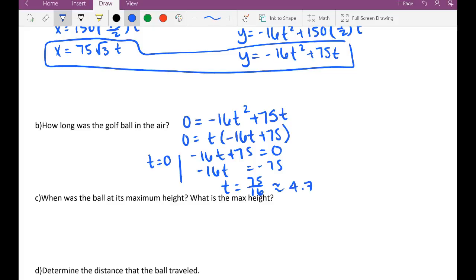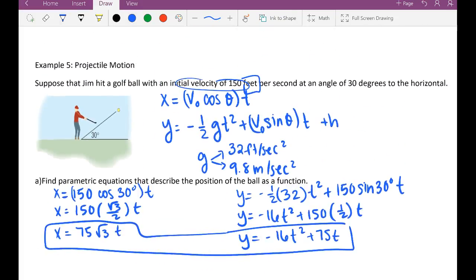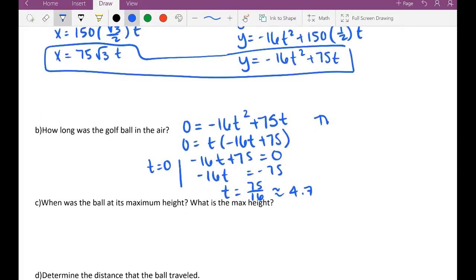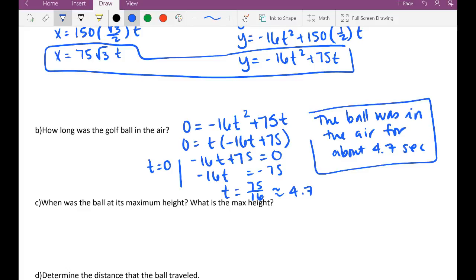Okay. And let me see what the unit of t was. T is in seconds. Okay, so the ball was in the air for about 4.7 seconds.